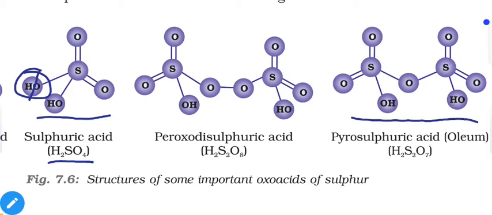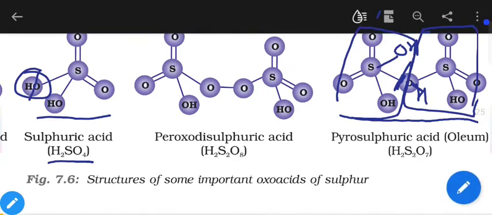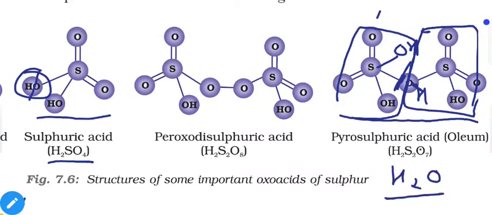That means when we break this bond here and attach an OH group here, we have one molecule of sulfuric acid, and when we attach hydrogen to this oxygen here, then you will get the second sulfuric acid molecule. That means you have to add just a water molecule to produce 2 moles of sulfuric acid from 1 mole of oleum.